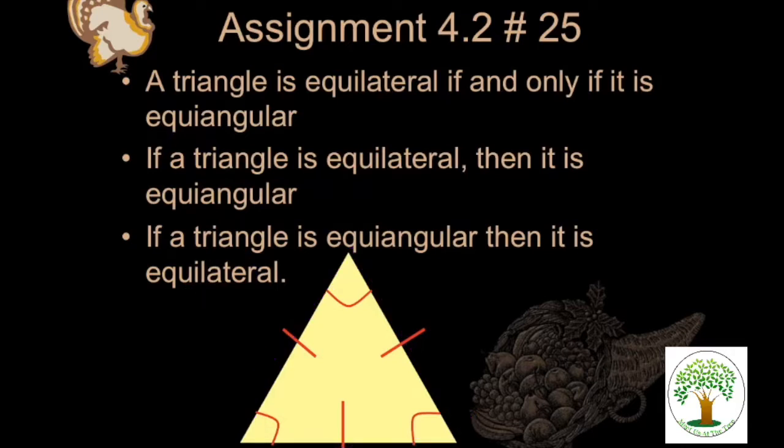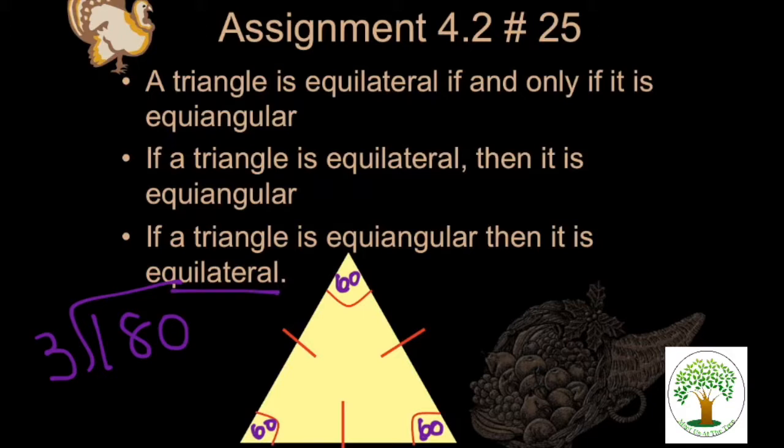All we have to do is take 180 and divide that by 3, and that happens to be 60 degrees. So each of these is 60 degrees, and you have a 60, 60, 60 degree triangle. This is going to be extremely helpful if you remember that an equilateral, equiangular triangle is 60, 60, and 60.